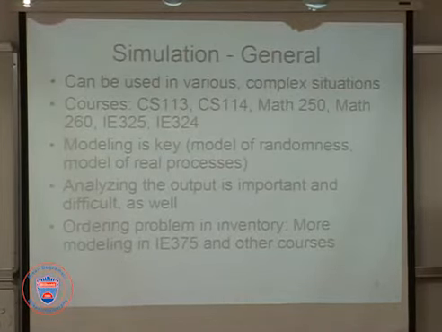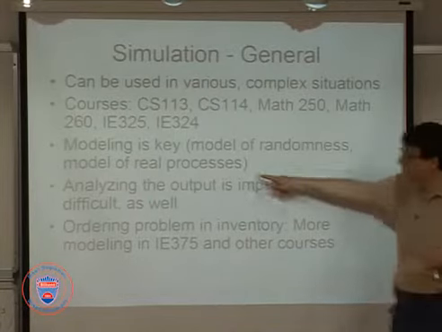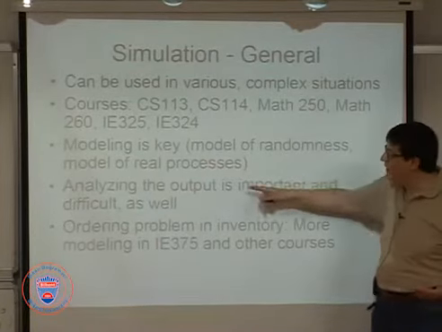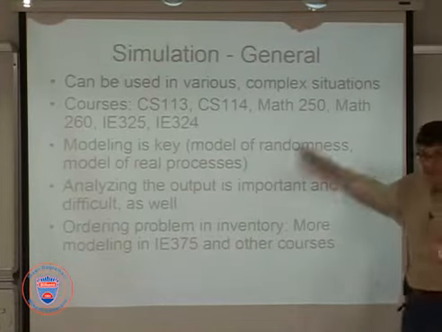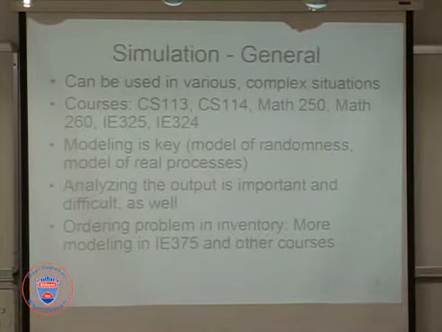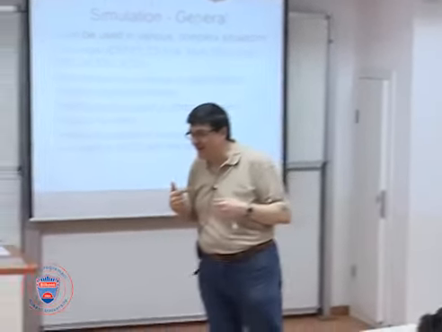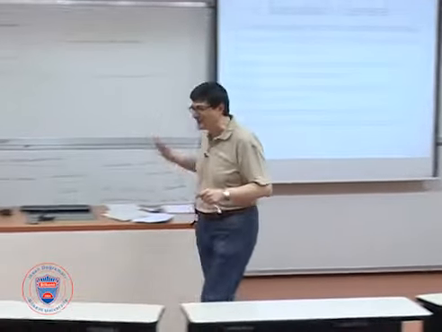Okay. So modeling here is the key, whether you are going to model the real processes in the computer to understand them, or whether you are going to model the randomness to understand issues. These are the key issues. These are our value as industrial engineers, actually. Because once you have the model, somebody else can put it in the computer and run it.